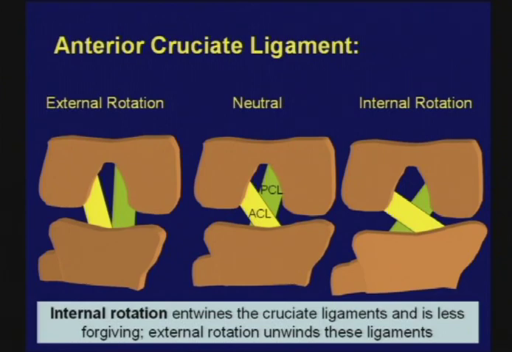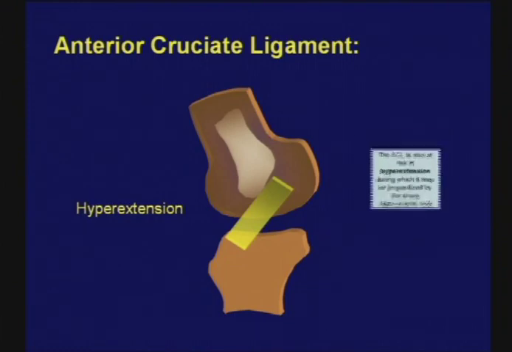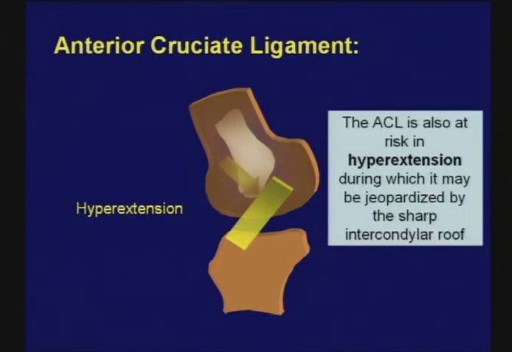If that's the case, that is a position of internal rotation of the tibia. So that is what you'll see almost all the time on your MRs when there is translational abnormality of the tibia. I also pointed out the vulnerability of this ligament with hyperextension because of the nearby, sometimes sharp, intercondylar roof.